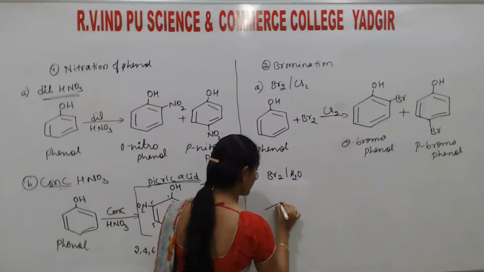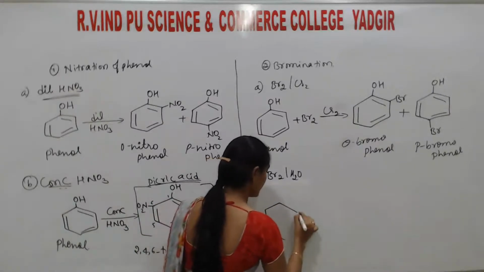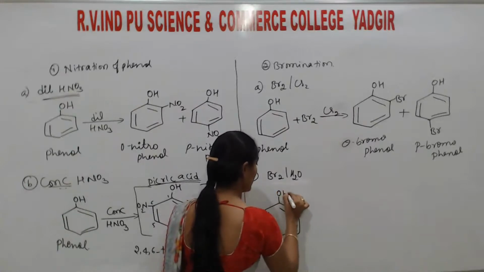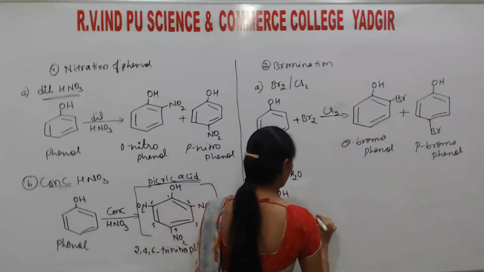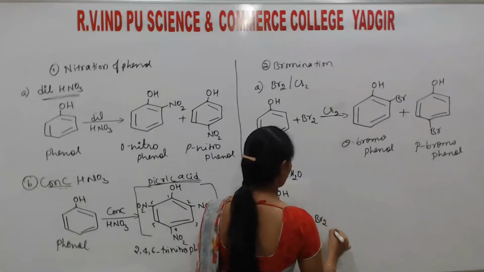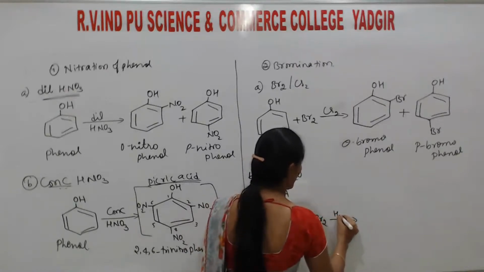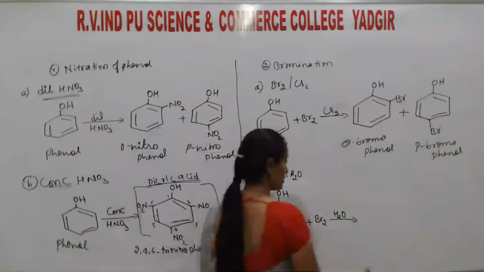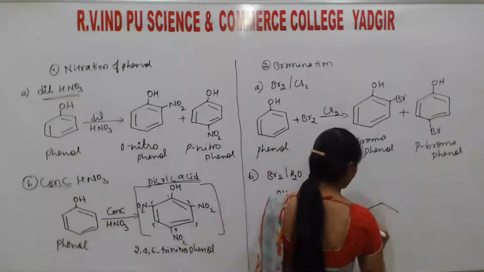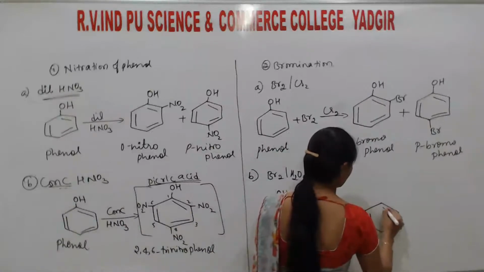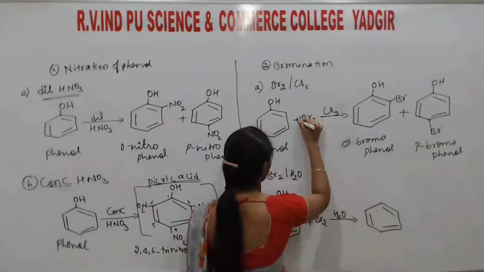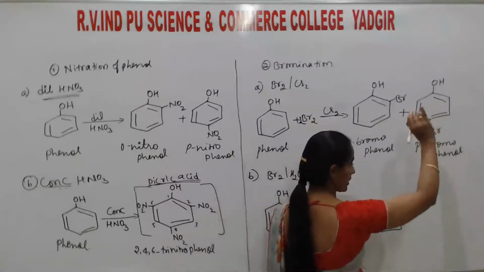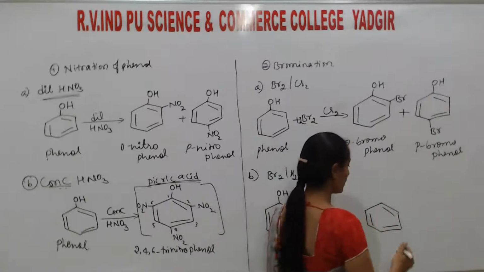So here it is, this benzene ring, bromine water. Then here you have to take 3 Br2, because 3 HBr will come.